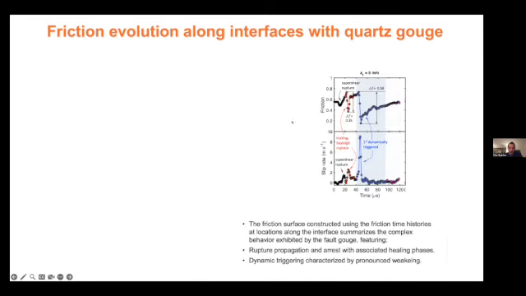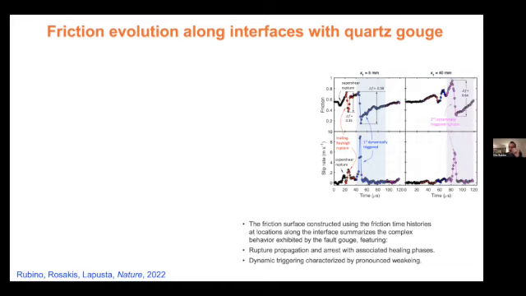So we were looking at the friction versus slip, but we can also trace friction and slip rate time histories at these different locations. So we see the 3 events at the first location and the 4th event at the second location.